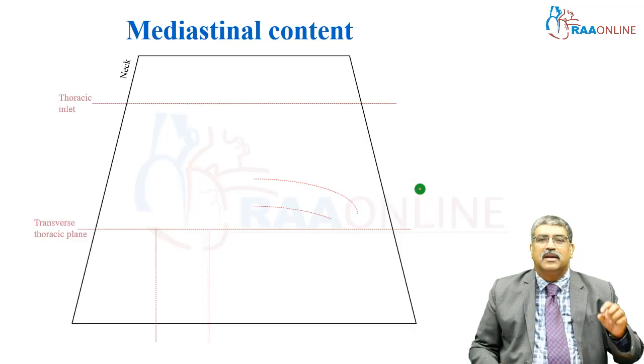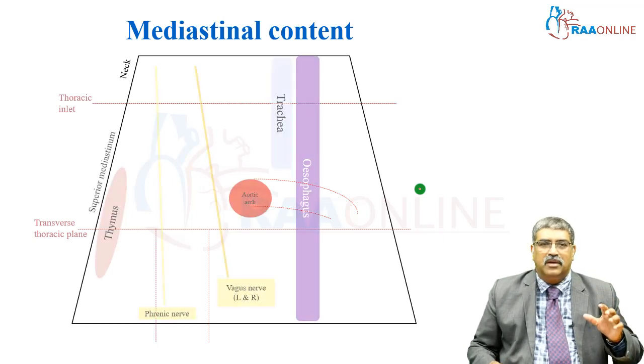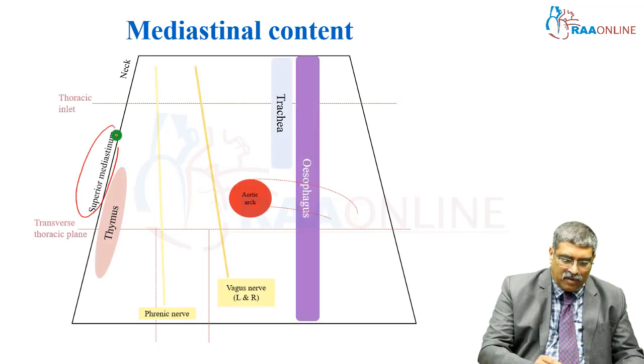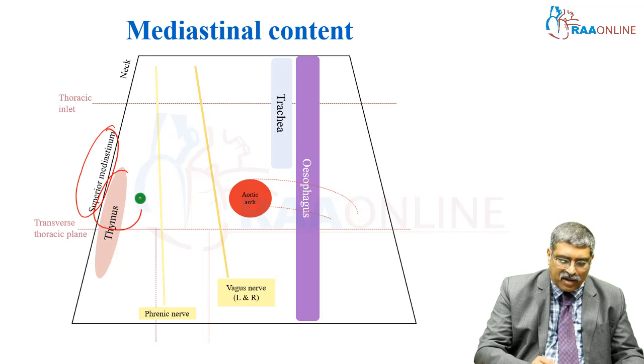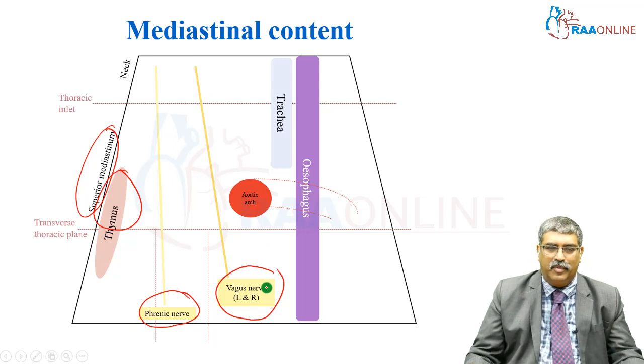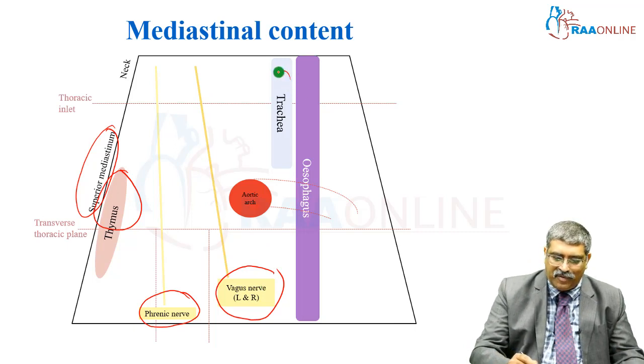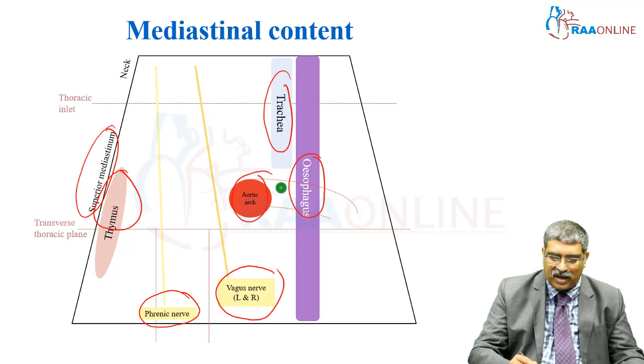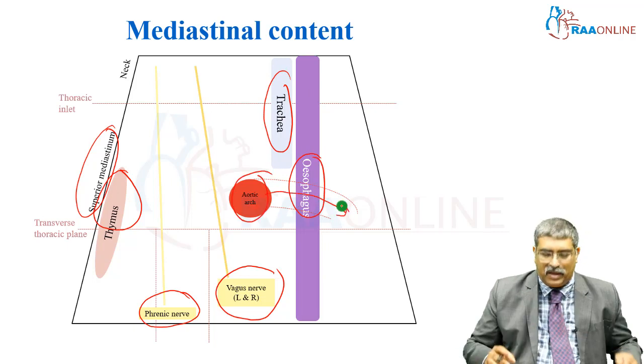So, this is the content, and you have the superior mediastinum where you have the upper part of the thymus. Phrenic nerve comes from the superior mediastinum and goes into the middle mediastinum. Your vagus nerve comes from the superior mediastinum and goes into the posterior mediastinum. And you have the trachea, lower part of esophagus, aortic arch in the superior mediastinum.